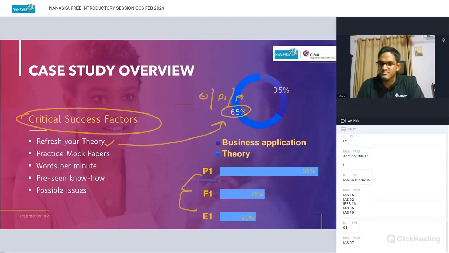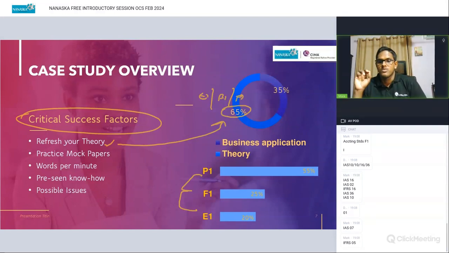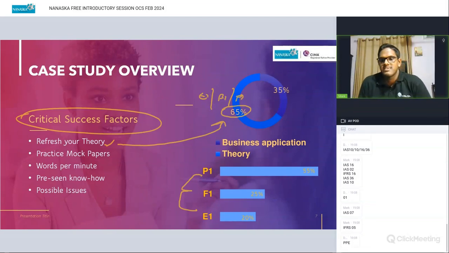I'm trying to list them down. You have IAS 16. What is IAS 16? The most common standard of all time. Property, plant and equipment. Very good.